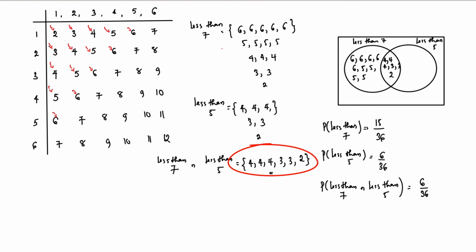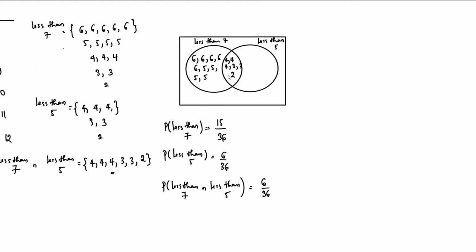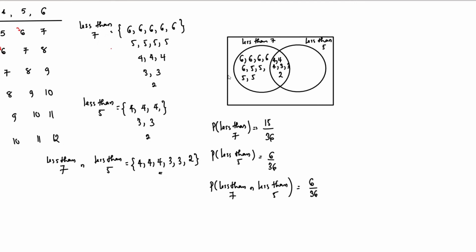And when we use the addition rule formula for mutually inclusive events, as we can see, there's an intersection between them. So that means the probability that a value is less than 7 or less than 5 is going to be equal to 15 divided by 36 plus 6 divided by 36 minus 6 divided by 36, and the answer to that is 15 divided by 36, which gives us 5 over 12.